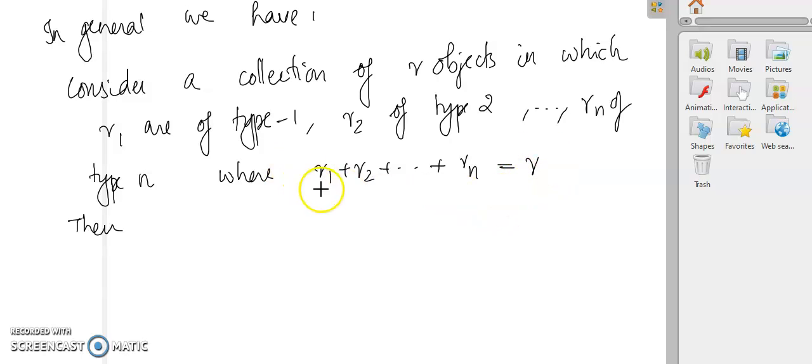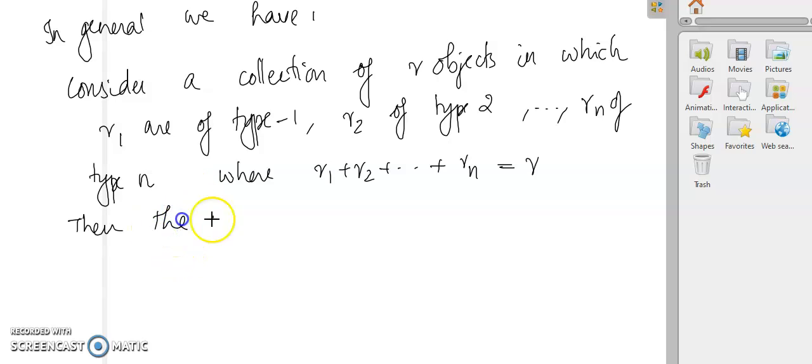Out of the R objects, type 1 is repeating R1 times, type 2 is repeating R2 times, and type n is repeating Rn times. But the sum of the total objects is R. So each object is repeating these many times.